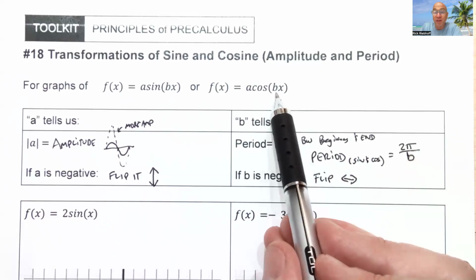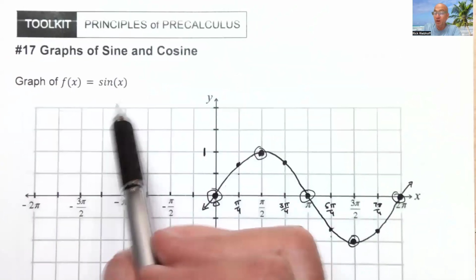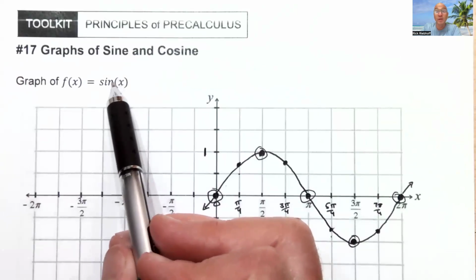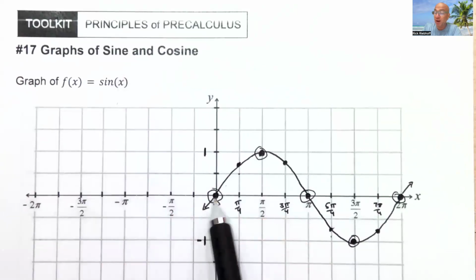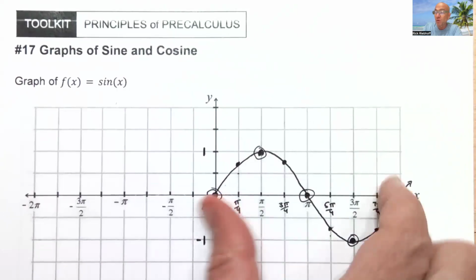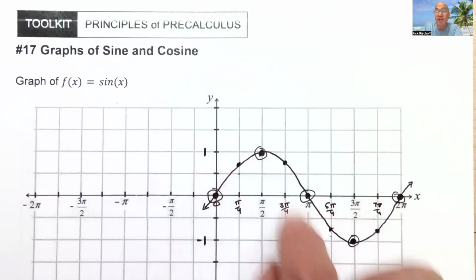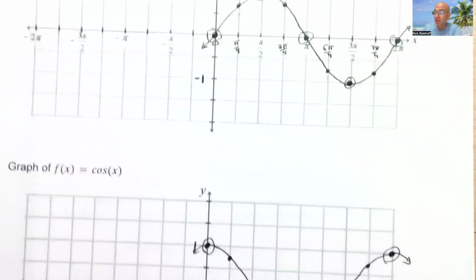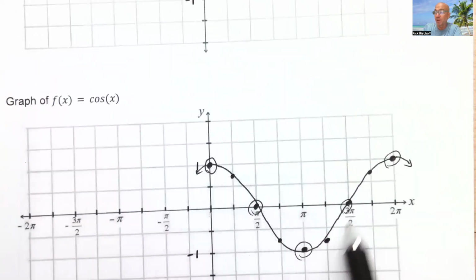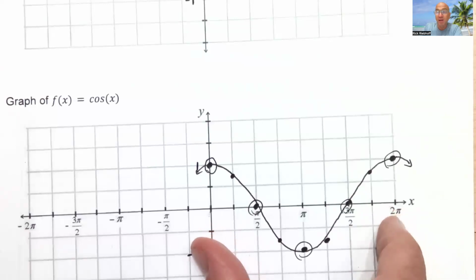Usually for us, what we've done so far is b is 1, right? So what number is in front of that x? A 1, right? 2 pi over 1 is 2 pi. This started and then finished in 2 pi. So it took 2 pi for it to go through one full cycle, right? Same thing with cosine. Cosine's full cycle goes from the top down to the bottom, back to the top again. Its period was 2 pi, right?